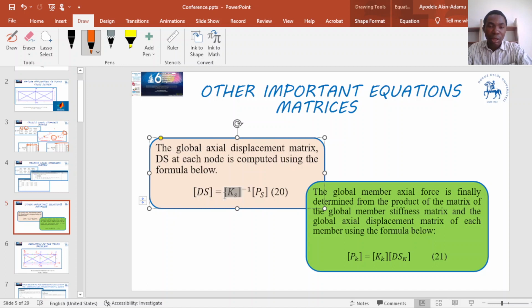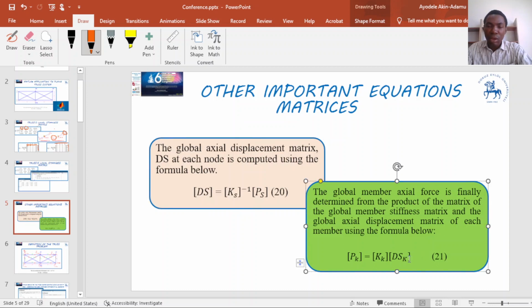Ks is the modified global stiffness matrix. Ps is our global force vector. So when we invert the global stiffness matrix and multiply it by the force vector, we get our global displacement matrix. So this formula is very important.